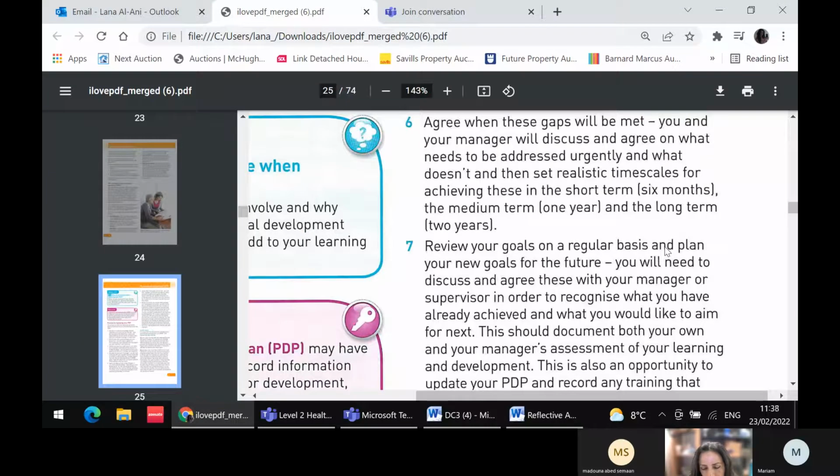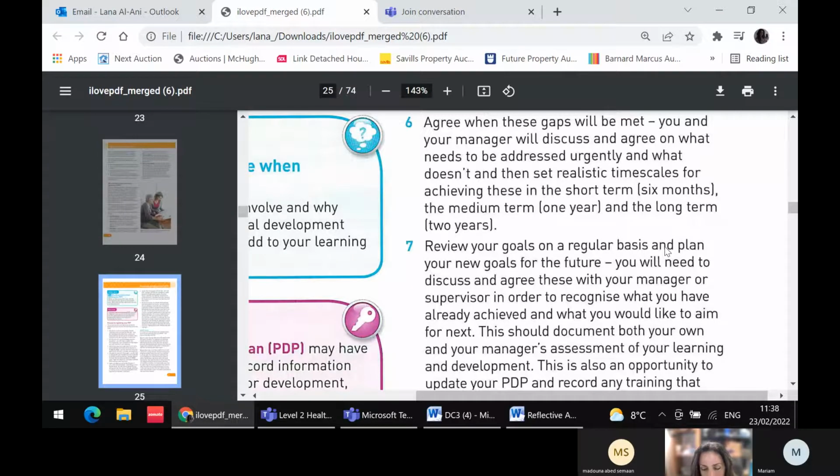You don't leave it open ended. You need timing. So you agree on when these gaps will be met, and your manager with you can discuss together the needs and when they can be filled.